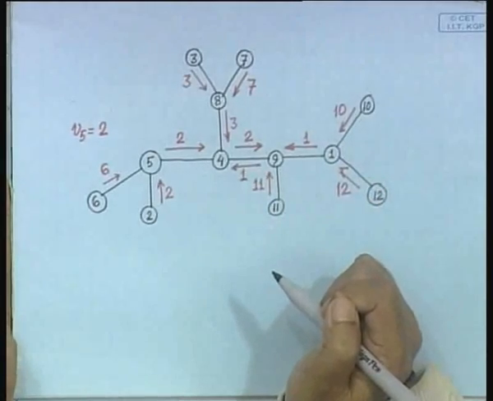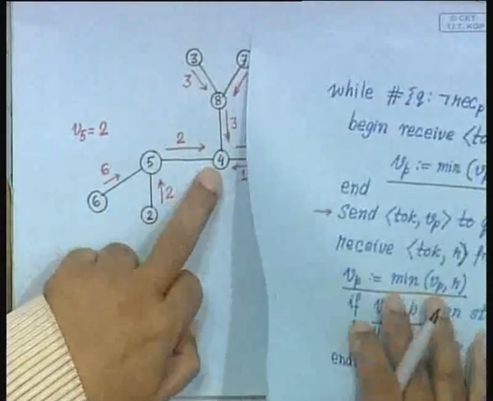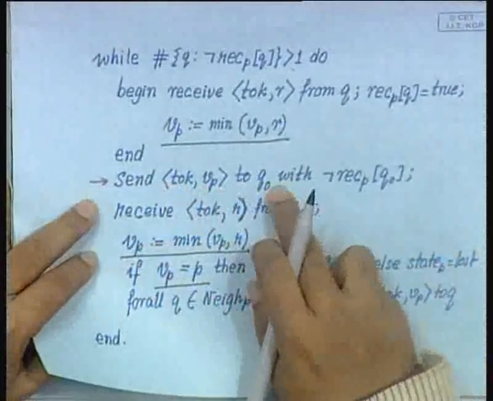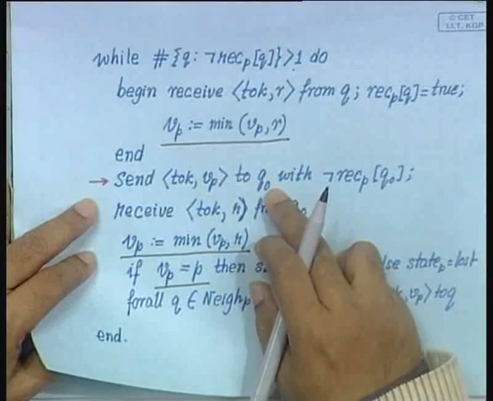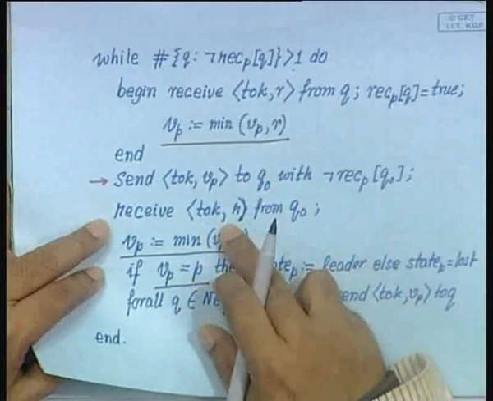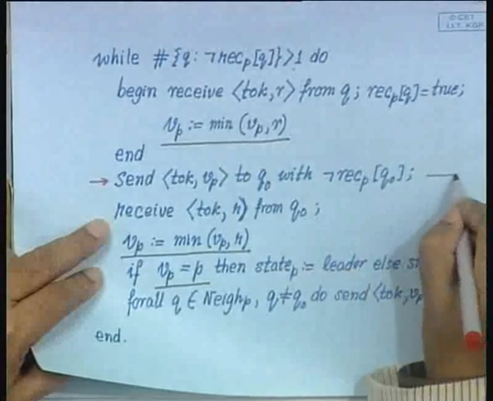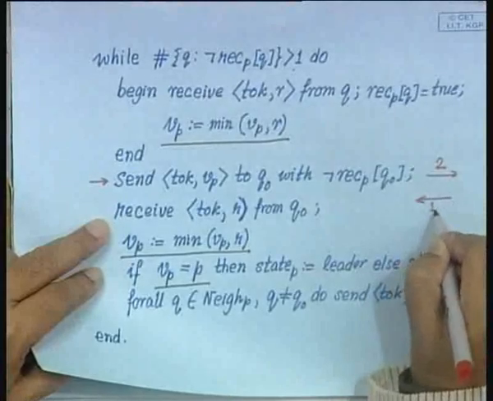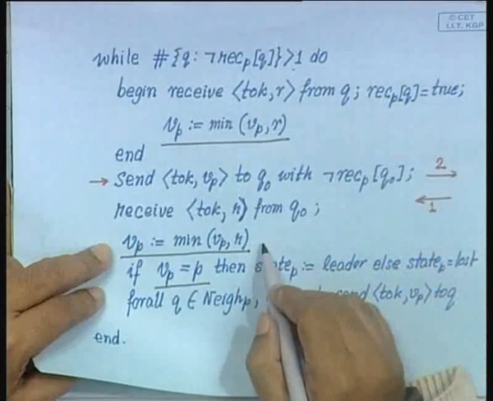right. Now, let us see where 4 is in the code. The node 4 has sent the token to the only remaining neighbor from which it has not got a token, and then has received a token, right. So, here the node 4 had sent the token with 2 and has got the token with 1, right. So, it will again do Vp is minimum of this.